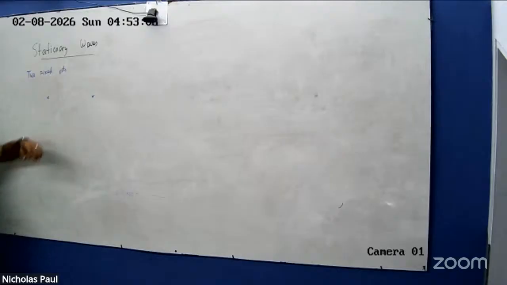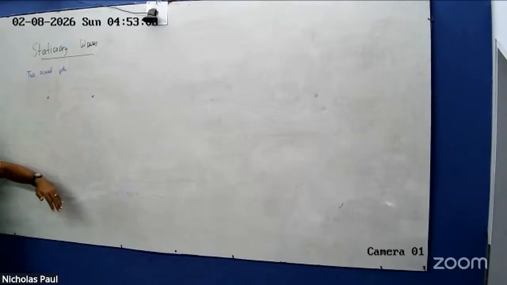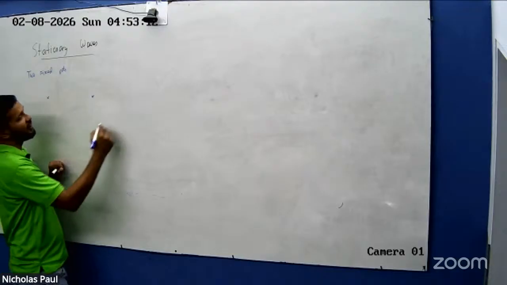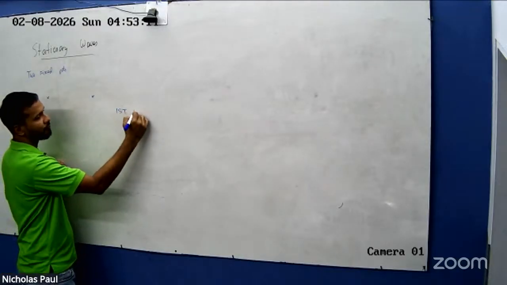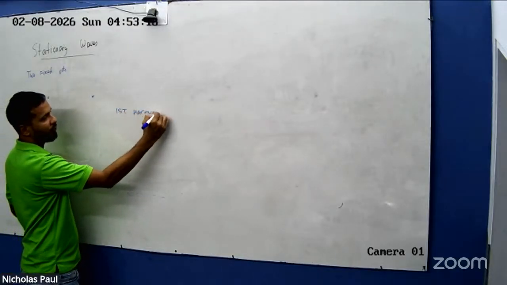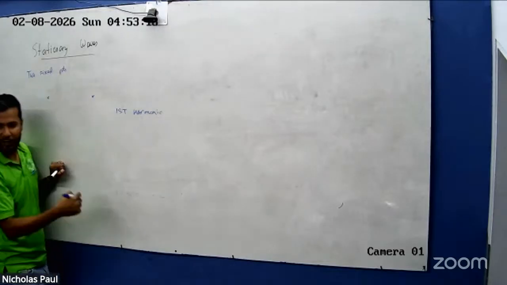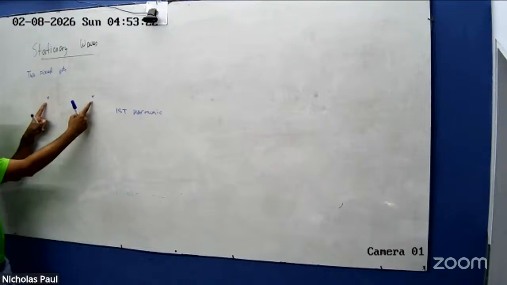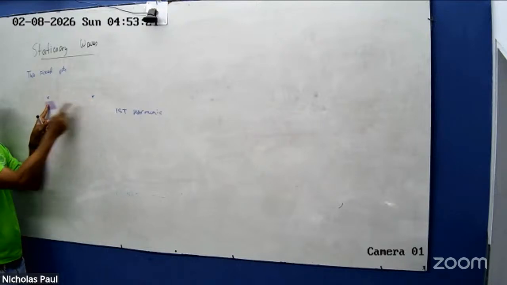You have different types of waves that are going to be formed. The first one, sometimes we call your first harmonic. Then you have the second harmonic and third harmonic. All those waves look a little bit different, but whenever the ends are fixed, you always have a node.